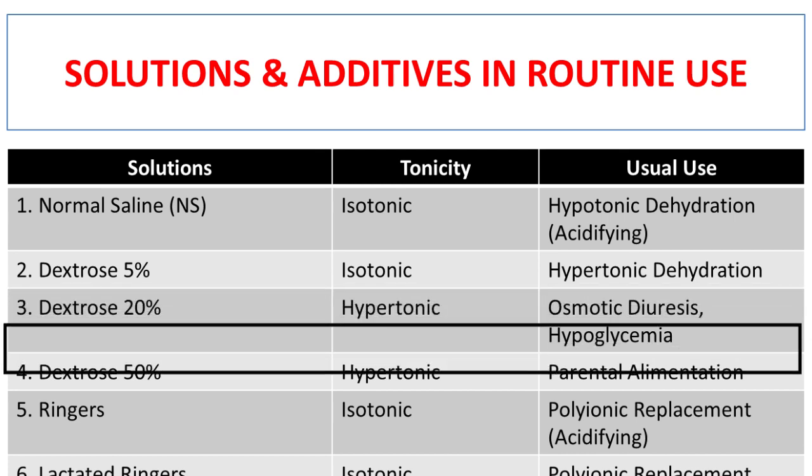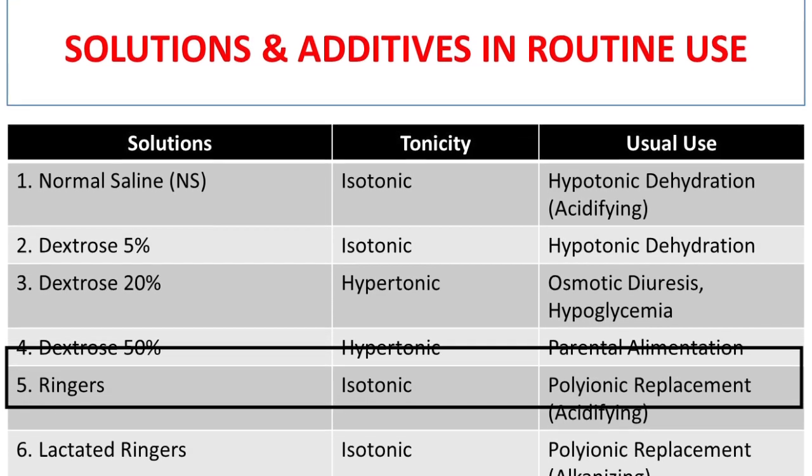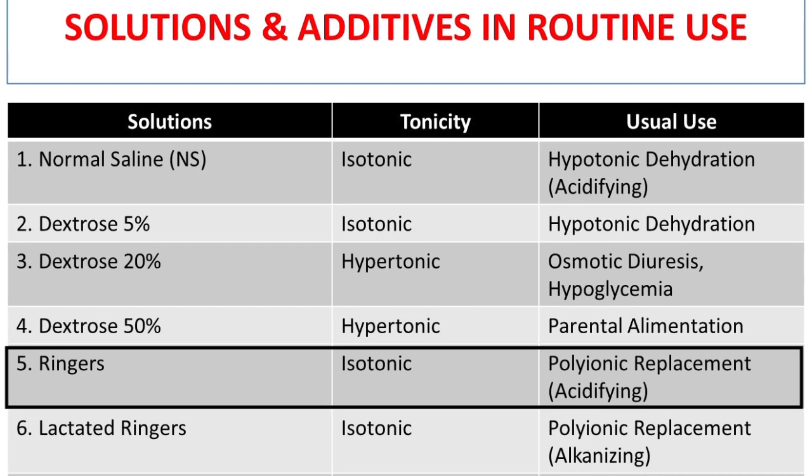Then we also have 50% dextrose, which is also hypertonic, and we can use it in parenteral administration in severe cases. Ringer's solution is a very good solution. It is isotonic. It is polyionic, having many ions in it, and it is for polyionic replacement. We normally recommend Ringer's solution, but it is also an acidifying solution.